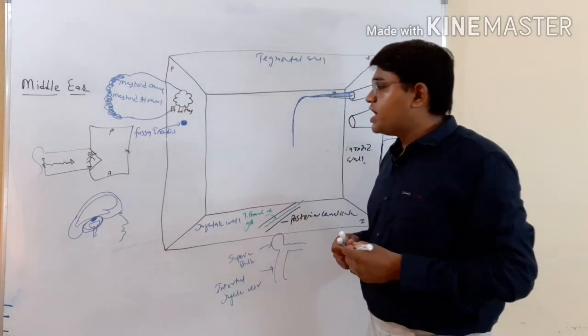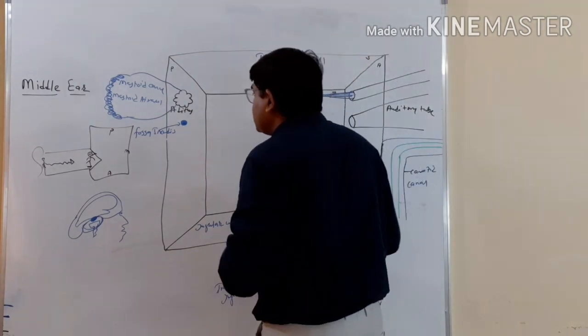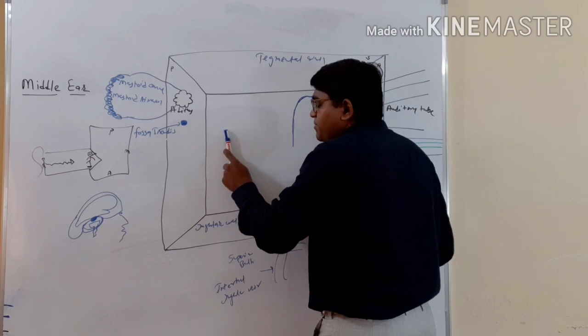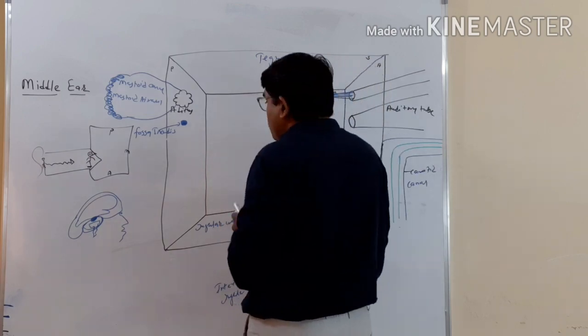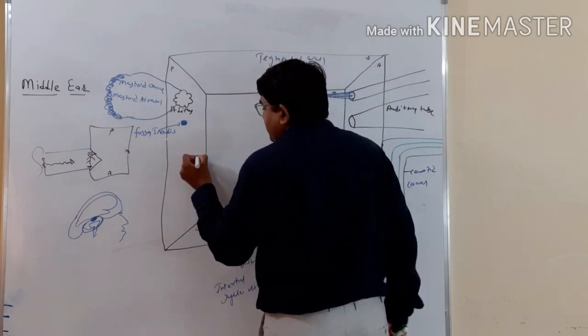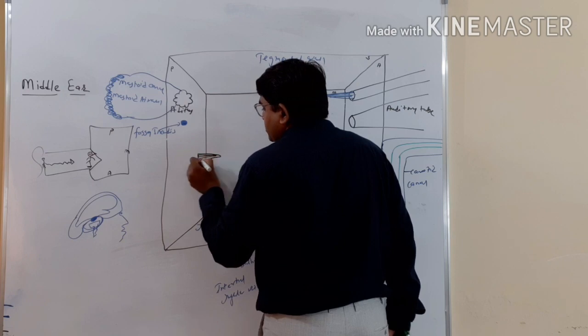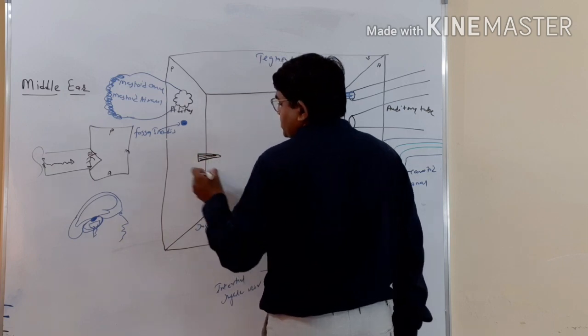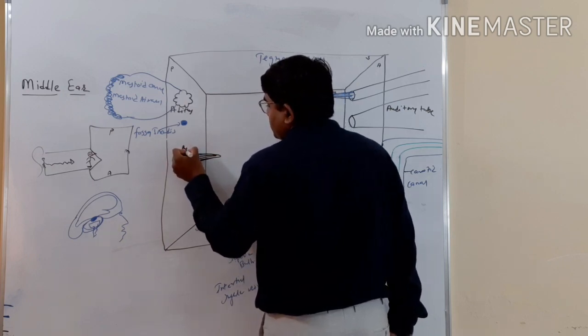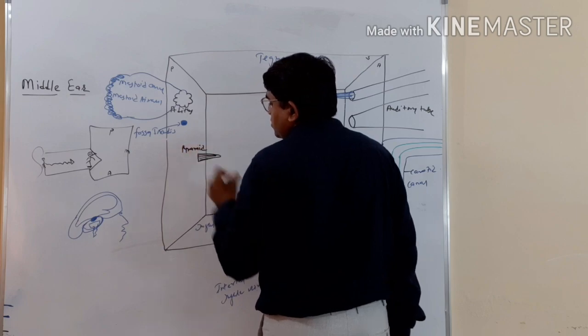Inferior to this fossa incudis, at the junction of the posterior and the medial surface, there is one pyramidal elevation, and this pyramidal elevation is known as the pyramid.